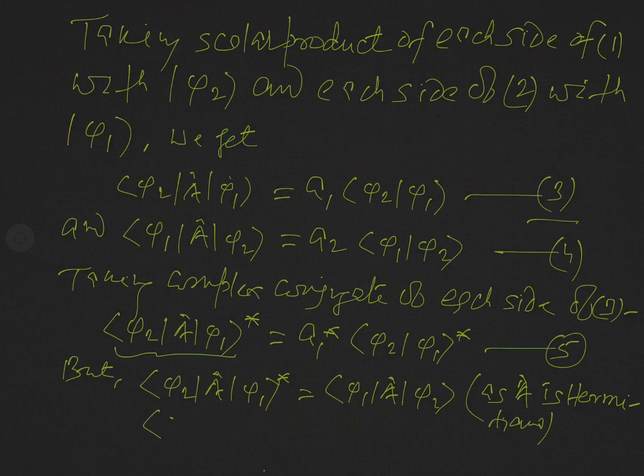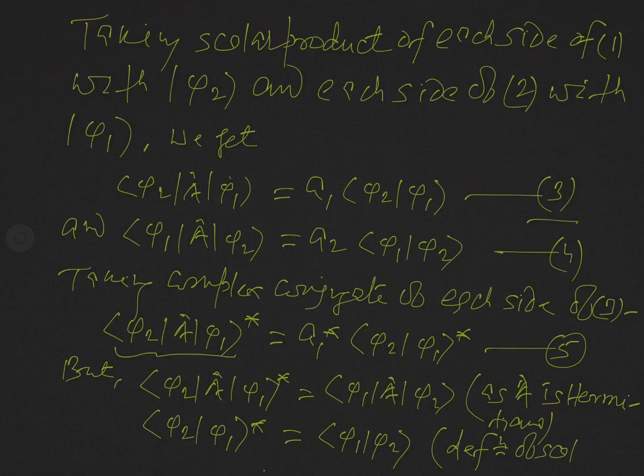Again, the product phi 2 phi 1 star is equal to the product of phi 1 with phi 2. Why? This is just the property, or definition, of a scalar product.